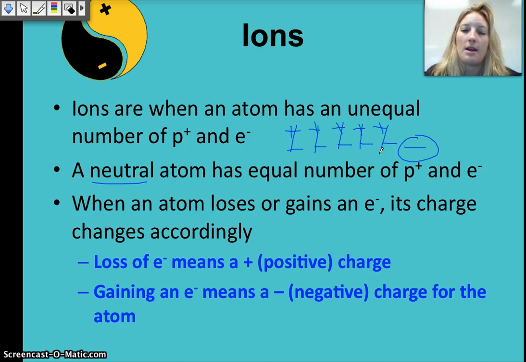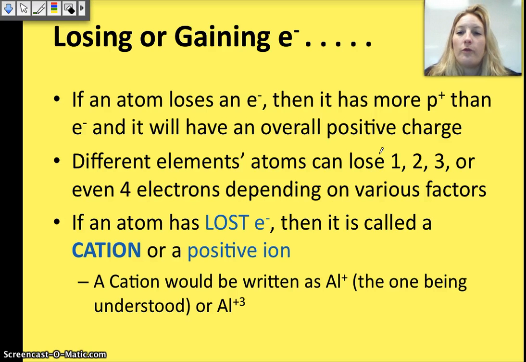Let's look a little deeper into that. So if we are losing an electron, so we have all these protons and they are paired up with all these electrons, and if we lose one, so this one gets kicked out, it's no longer there. Well, these cancel out and neutralize each other.